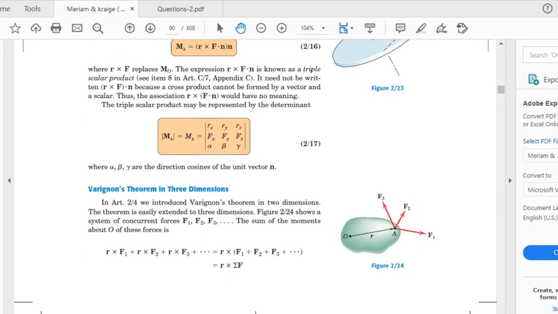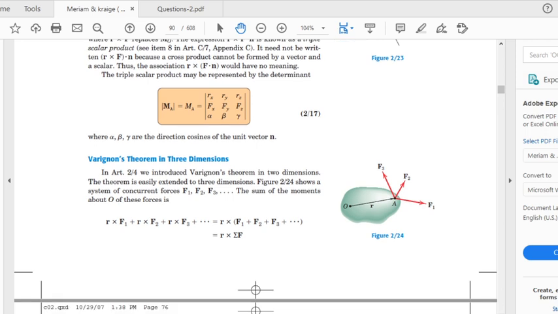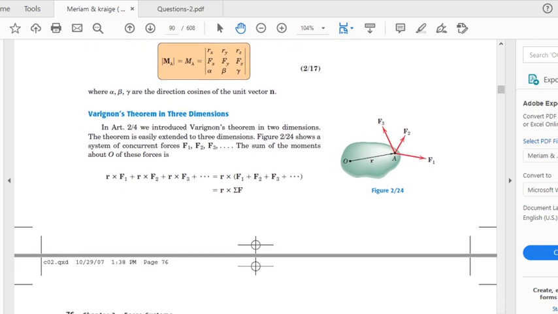In 2 dimensions, we talked about Varignon's theorem. The moment produced by a force about a point in 2D was equal to the vector sum of the moments produced by its components about that point. So that was Varignon's theorem in 2 dimensions.